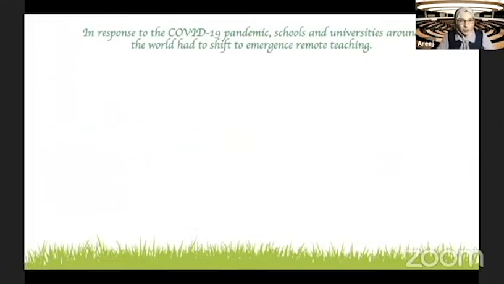In response to the COVID-19 pandemic, the world had to shift to emergency remote teaching. I'm not going to say online teaching or learning, I will say emergency remote teaching, because there is a difference between them. Online teaching and learning means we have a pre-planned learning syllabus or curriculum, and we know how to handle it in online settings.